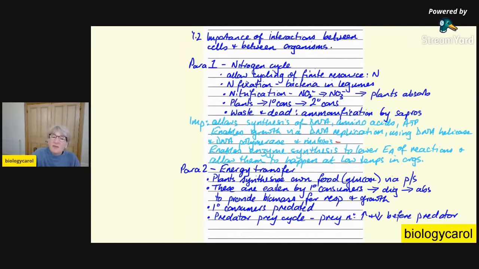Because the focus of my paragraph is transfer, these are eaten by primary consumers, which leads to digestion and absorption, because that's the only way that they'd get the nutrients into their body, to provide biomass for respiration and for growth.